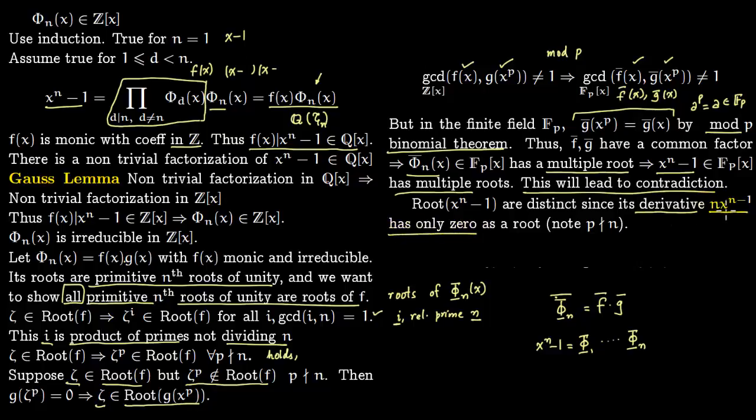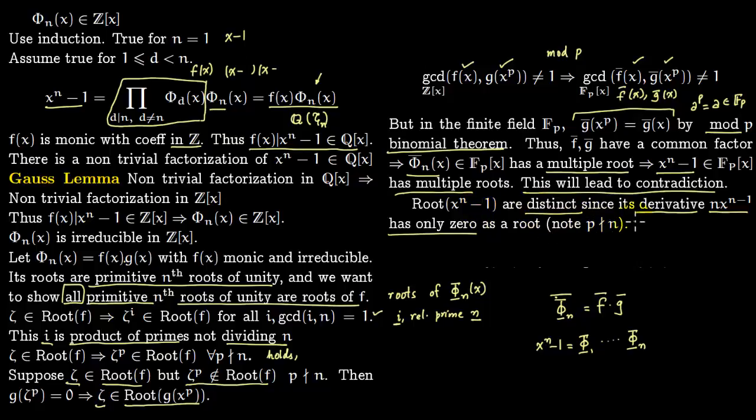So if the root of the derivative is 0, and here 0 is not a root, they are not sharing any roots. x^n minus 1 and its derivative do not share a root, so therefore there are no multiple roots here, and therefore the roots of x^n minus 1 are distinct. This is the trick we had discussed before, how to use the derivative and the polynomial to find whether it has repeated roots or not.